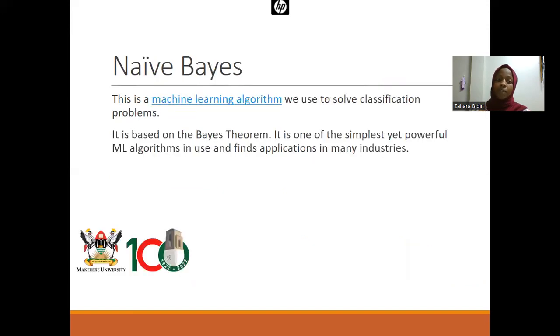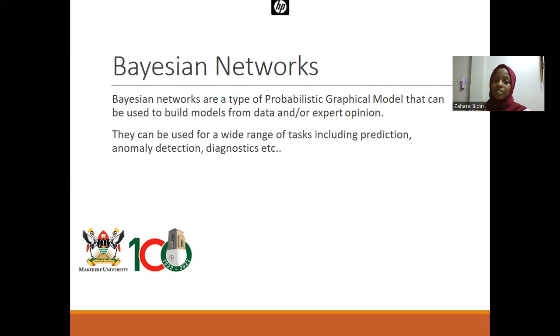Then naive Bayes is a machine learning algorithm we use to solve classification problems. It's based on Bayes' theorem. It's one of the simplest yet powerful ML algorithms in use and finds applications in many industries. Therefore, it's so useful and it's dependent on the Bayesian theorem. The Bayesian networks are a type of probabilistic graphical model.